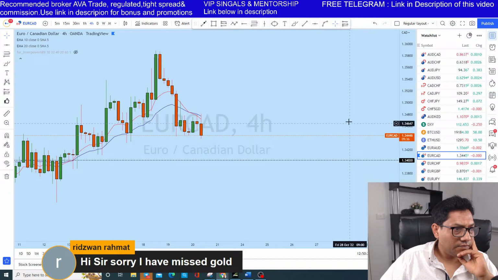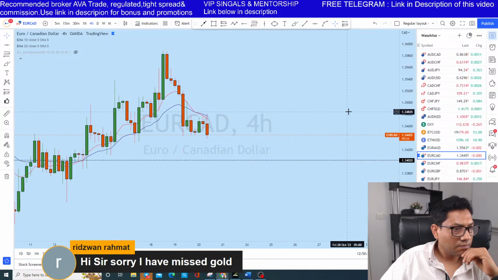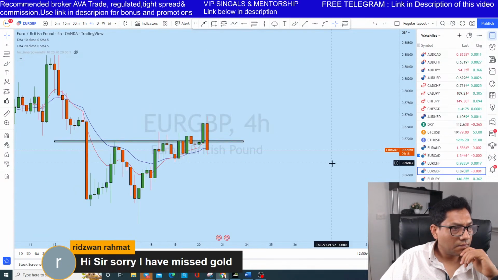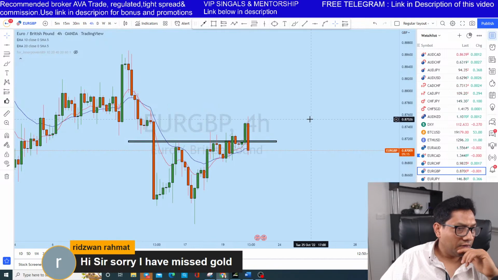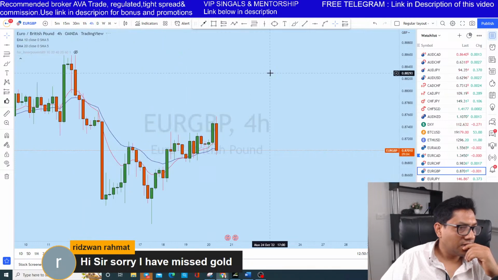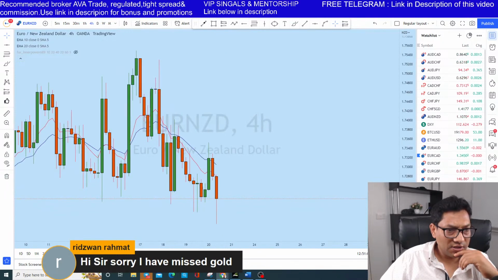Let me see. Okay, Euro GBP had a big bearish engulfing candle on the daily and tested the 20 period moving average. So Euro looks like it's getting weaker. Euro JPY, let me look at Euro NZD, nice drop.